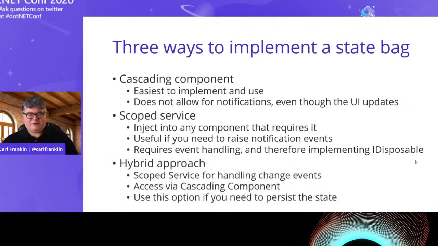Now, there's a hybrid approach, and I think this is really good: it is a cascading component around everything, but the app state is a property of that component, and we can still get control if we want to do the event handling wherever we need it, but we don't have to. Same with the scoped service. You don't have to handle the events if you don't want to. The events aren't for updating. It's going to update because it's bound. Properties will update automatically. This is only if you need notification.